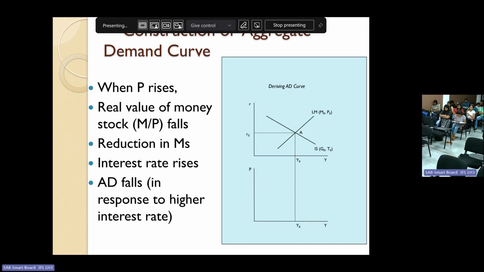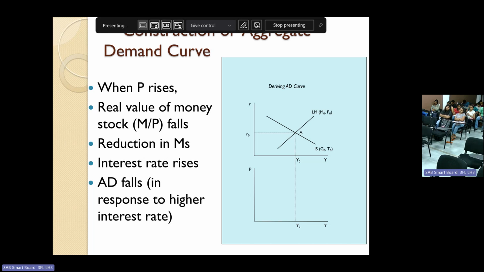When there is a rise in the interest rate, we know the outcome: it affects the real sector. There is a decline in investment, which represents the real sector, so that will reduce the aggregate demand, because of the decline in investment demand.